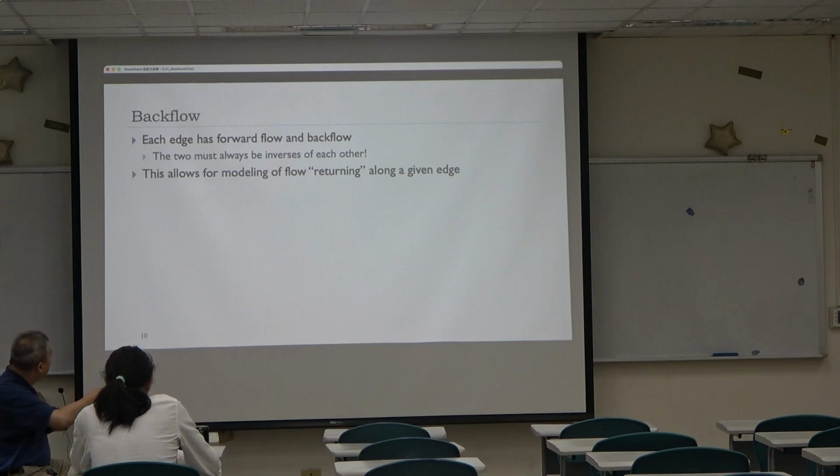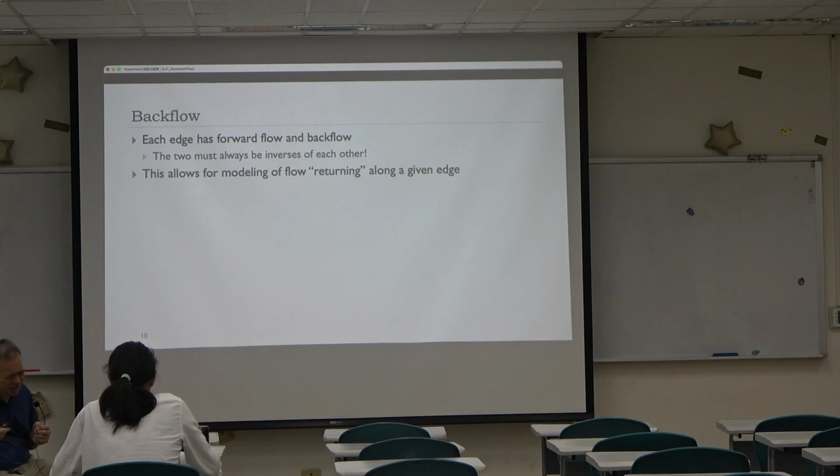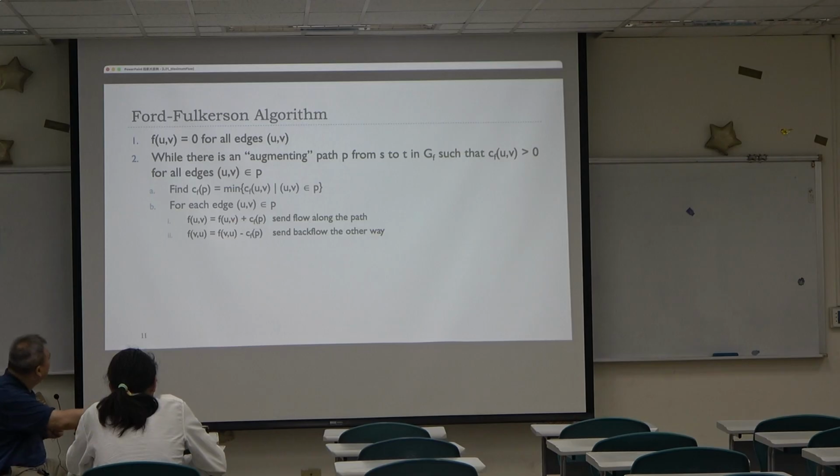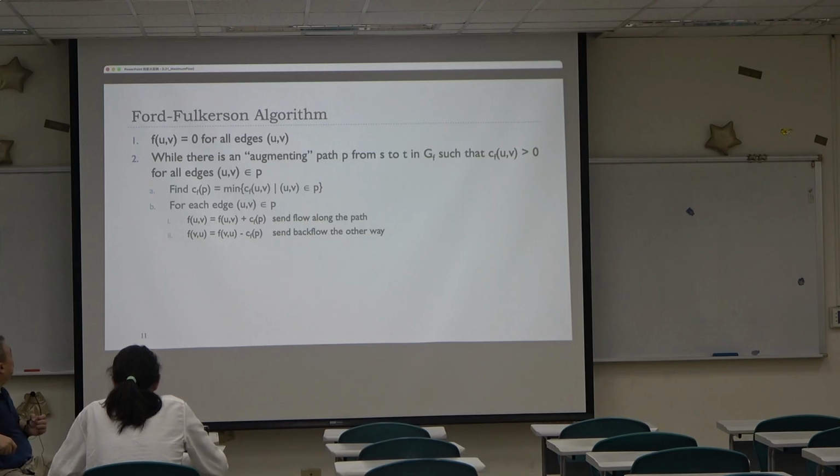This allows for modeling of flow returning along a given edge. You may wonder why we need to model returning. Again, by looking at examples, you will understand. So here is the pseudocode. Originally we haven't assigned any flow, so f(u,v) will be 0 for all edges.